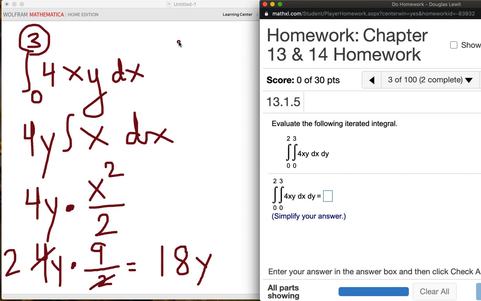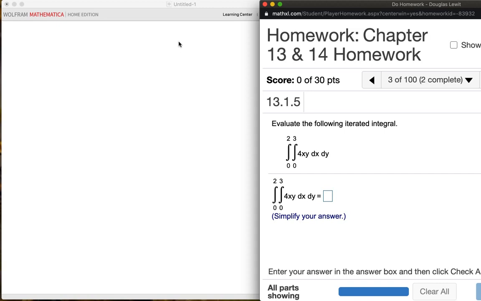Okay, I need more space to write. The previous answer was 18y. Now I look at the outermost integral. I have 0 as the lower limit and 2 as the upper limit.